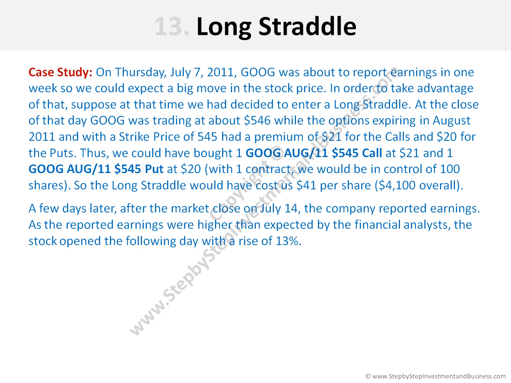Thus, we could have bought one call with a strike price of $545 and expiration in August 2011 at $21, and one put with the same strike price and expiration at $20. With one contract, we would be in control of 100 shares. So the long straddle would have cost us $41 per share.